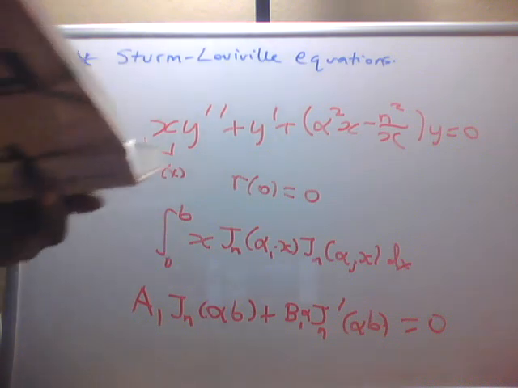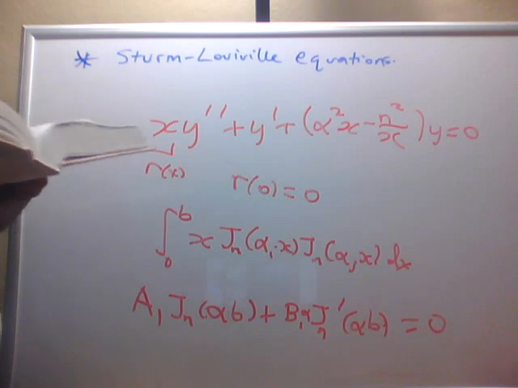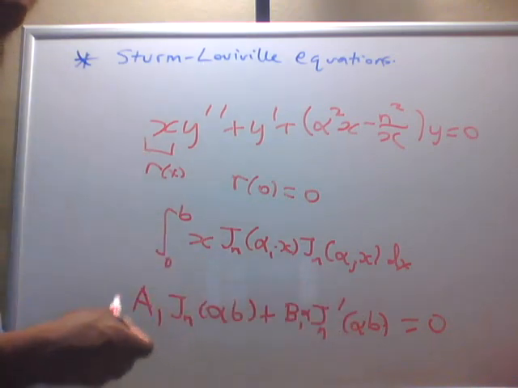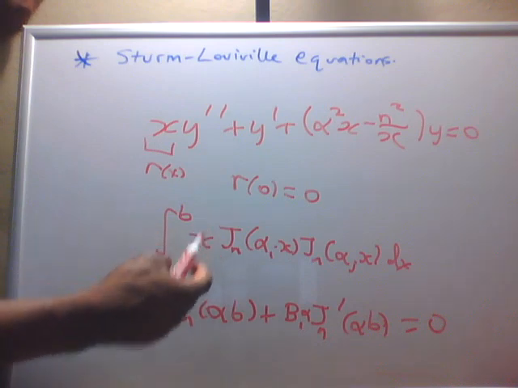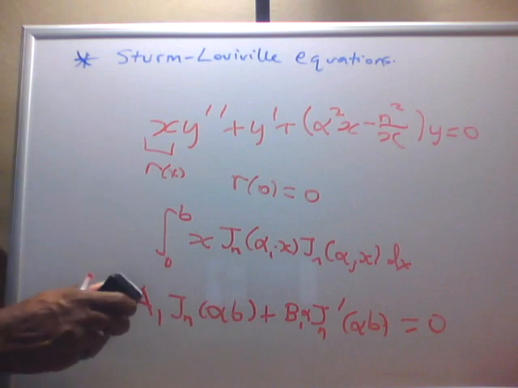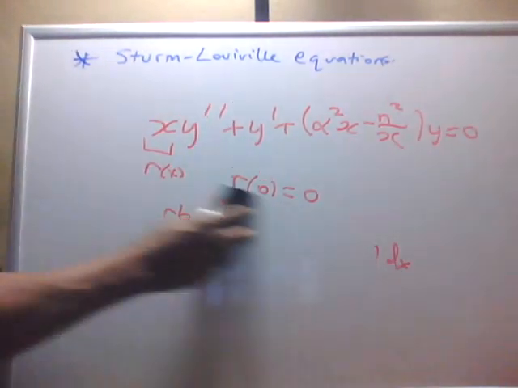Take a look at cases 1 to 3, actually they cover it very well in your book. You have 3 cases for this kind of boundary condition for which you can determine your square norm. I won't bother trying to rewrite that.